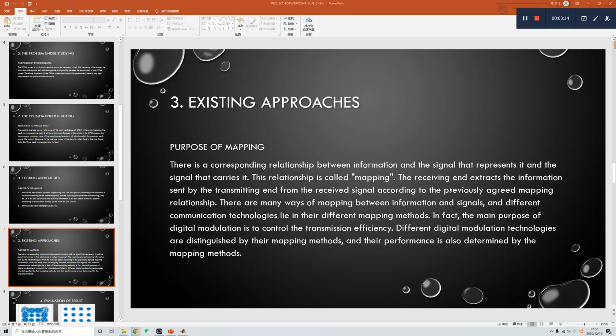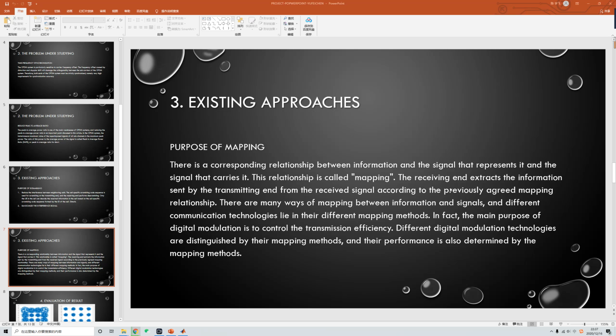And the second approach is mapping. There is a corresponding relation between information and the signal that represents and carries it. This relationship is called mapping. The receiving end extracts the information sent by the transmitting end from the received signal according to a previously agreed mapping relationship. There are many ways of mapping between information and signals, and different communication technologies lie in their different mapping methods.